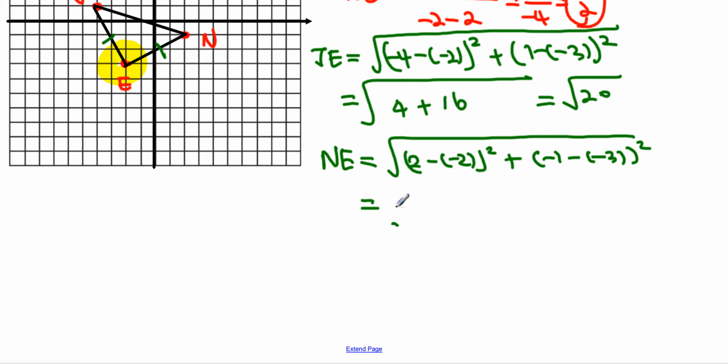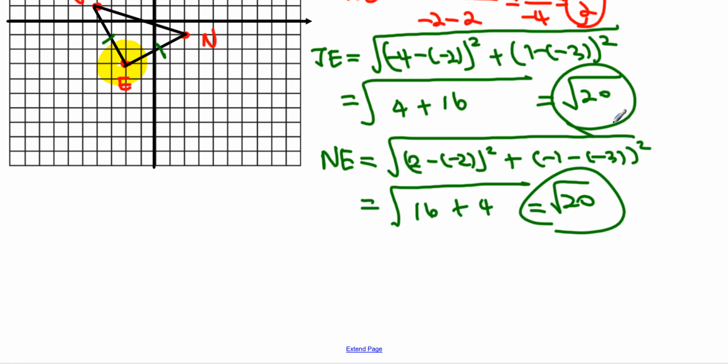Then the first one becomes 16 because 2 minus negative 2 becomes 4, squared becomes 16. How about the second one? This one simply becomes 2. 2 squared becomes 4. So we get square root of 20. And we know that it matches here.